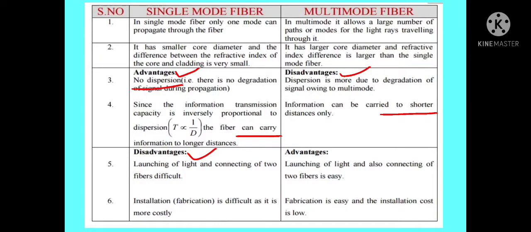Whereas in case of multimode optical fiber, launching of light and also connecting of two fibers is easy as compared to single mode. If we come to the second point of installation and fabrication, in case of single mode it is difficult as it's more costly, and in case of multimode, the fabrication is easy and the installation cost is low as compared to single mode.